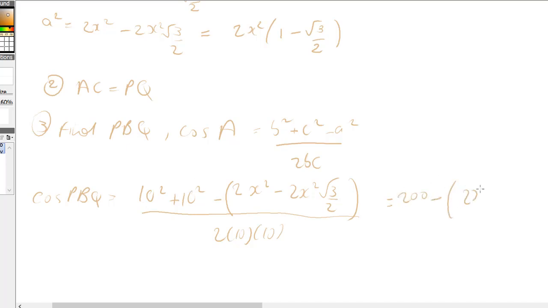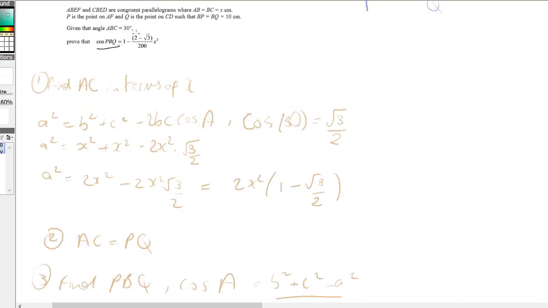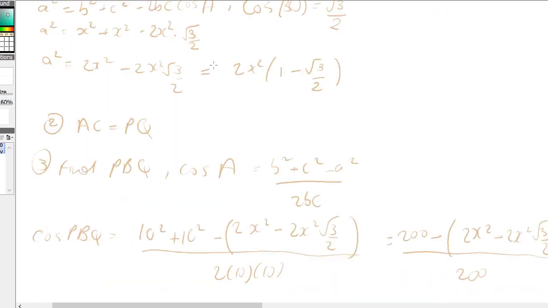Keep the brackets as is. And then that's over 200. Now, what we can do is we separate, let's do this. So we essentially want something like this. So you've got over 200.